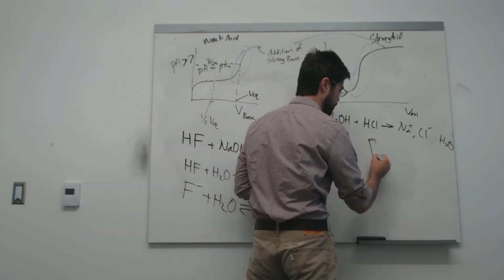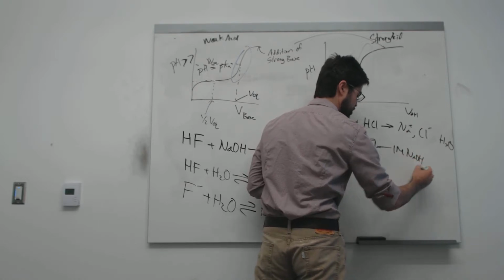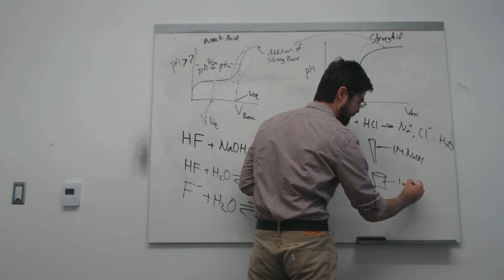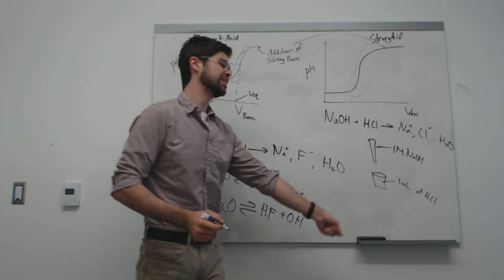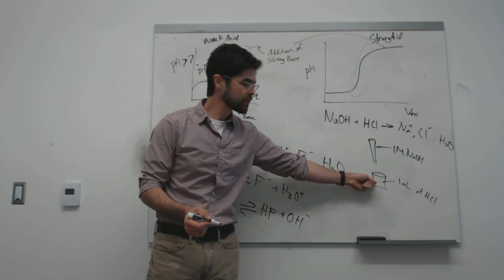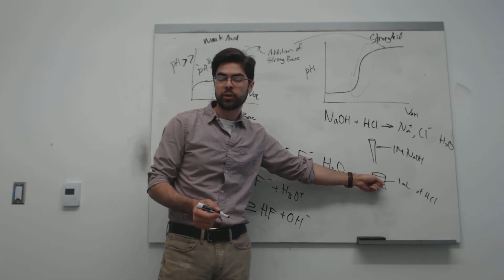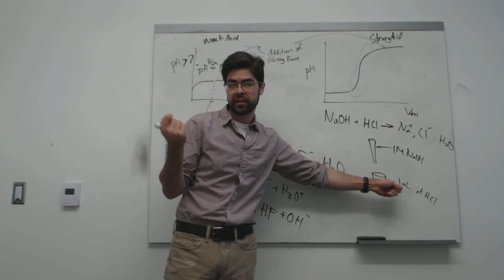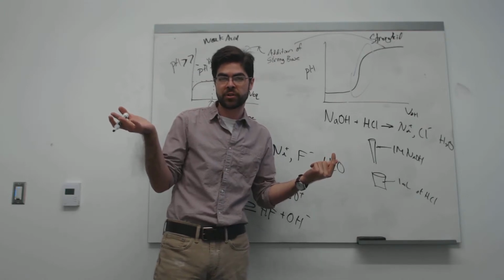Let's say you were using 1 molar NaOH, and you had 1 milliliter of HCl, and let's say you added, I don't know, 3 liters of sodium hydroxide. Only 1 milliliter of it is going to be used to neutralize the HCl, and then the rest is basically just diluting your sodium hydroxide.